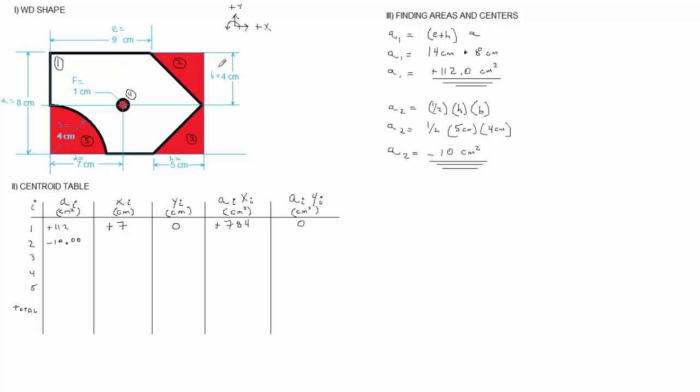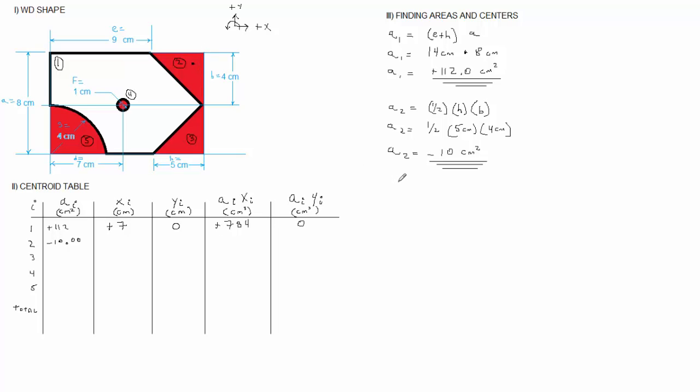Now to figure out where its x and y center are, we've got to look at the triangle. If we were to try to balance this triangle, its center would be about right there where I'm going to make this black dot. Now how do we find that? Well, it's 1/3 of the base and 1/3 of the height, but you have to keep in mind it's 1/3 of the base and height away from the side with the right angle.